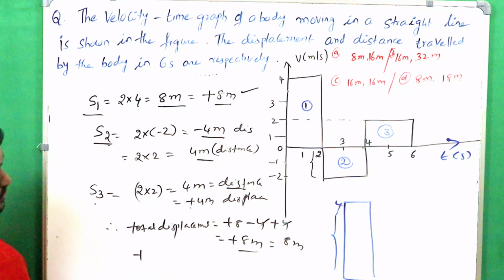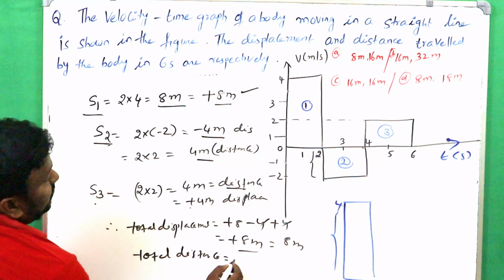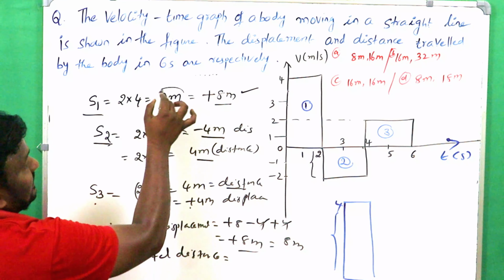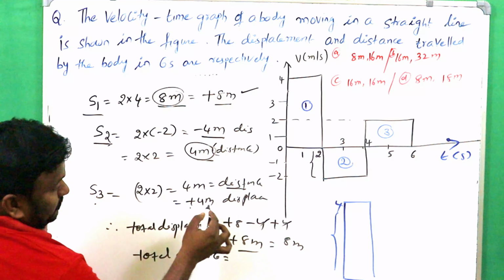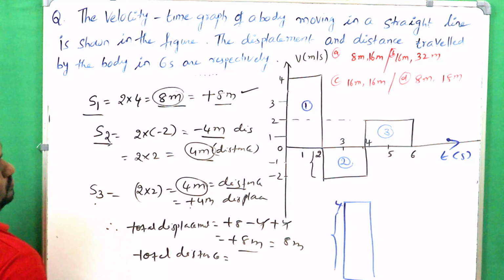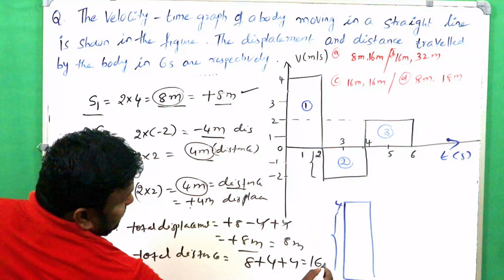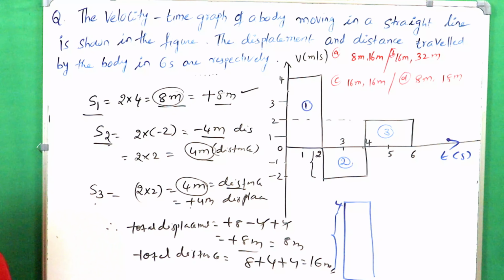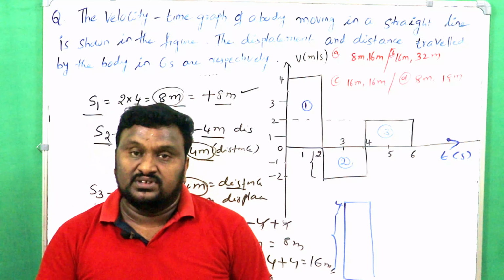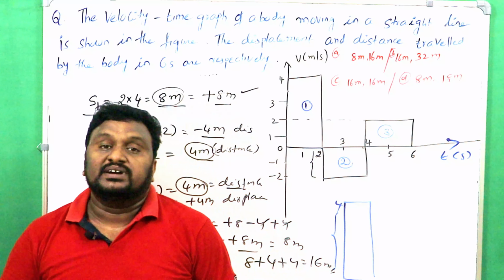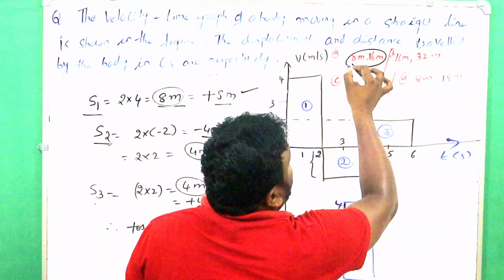And total distance is 8 plus 4, 12, plus 4. So 8 plus 4 plus 4, 16 meters. Very simple: for distance we take all the positives, and for displacement we have plus and minus. So among the 4 options, the first option is the correct one.